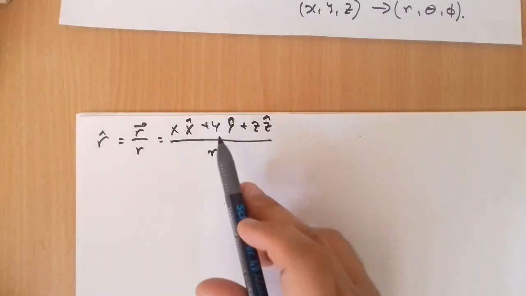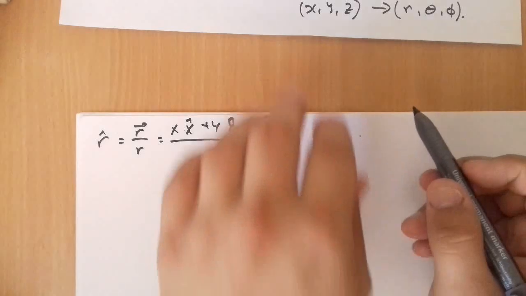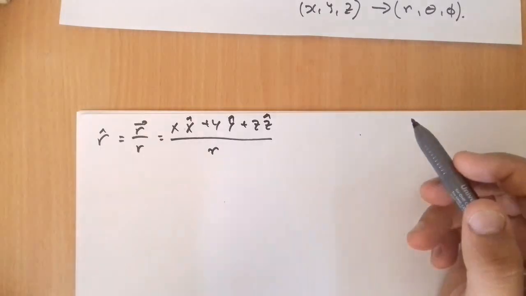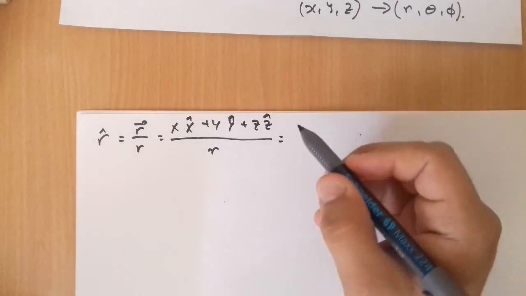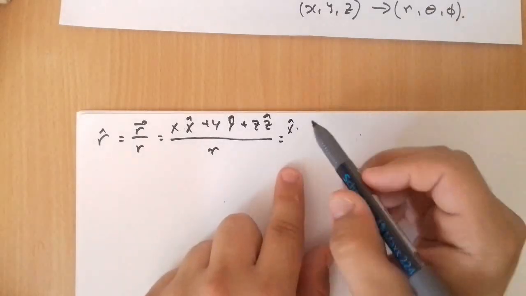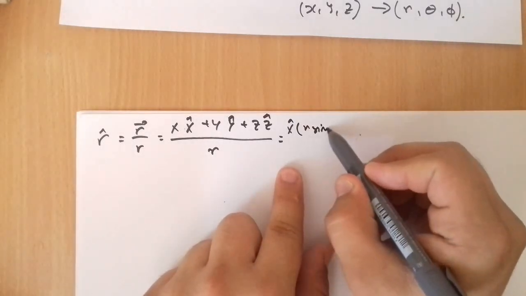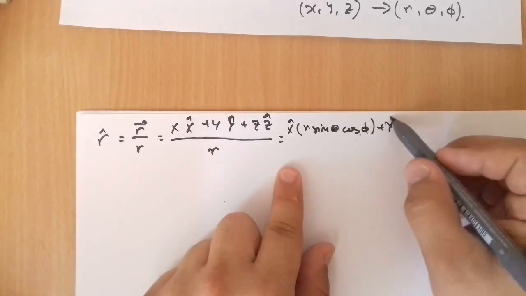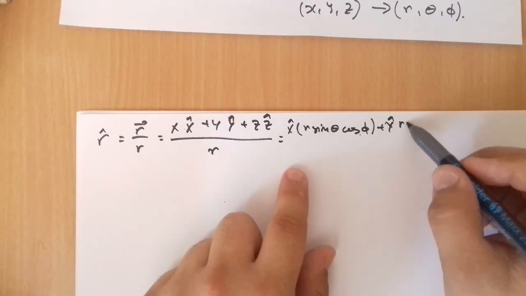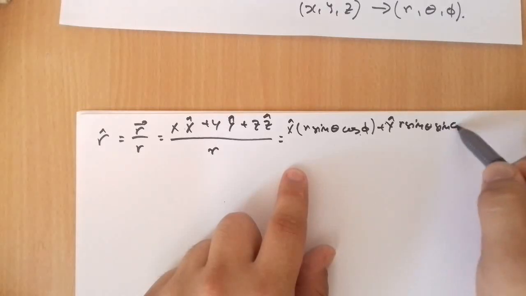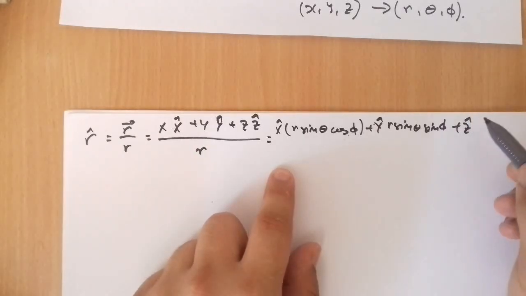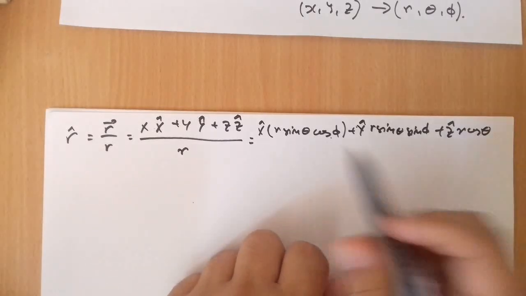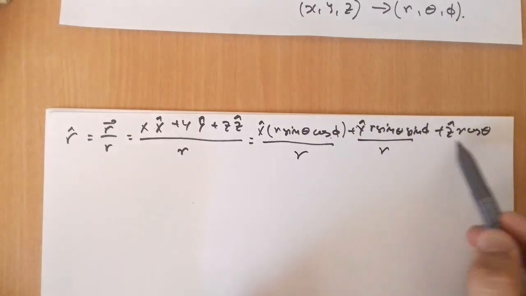But for x, y, and z we have x equal to r sine theta cosine phi, y equal to r sine theta sine phi, and z equal to r cosine theta. All of this is divided by r.